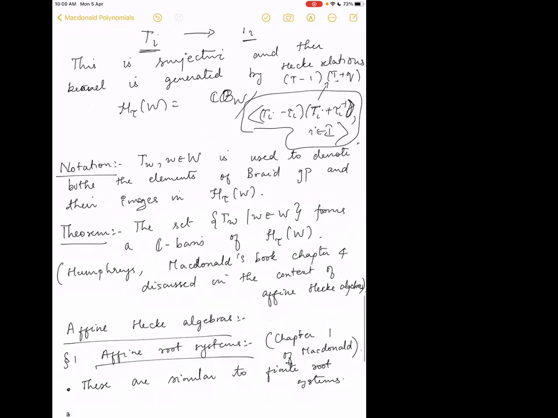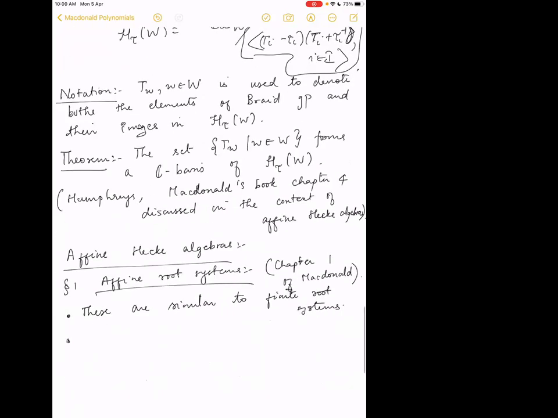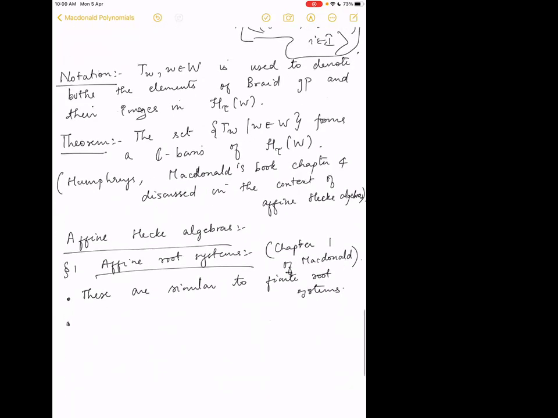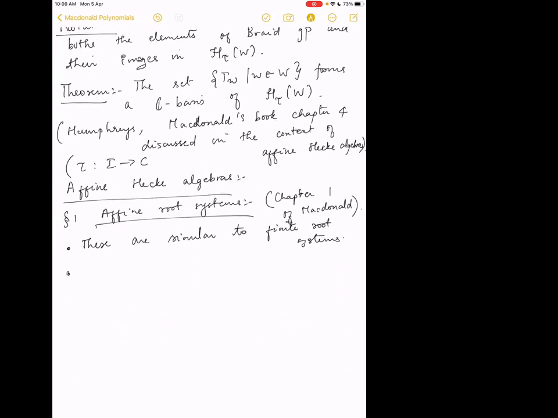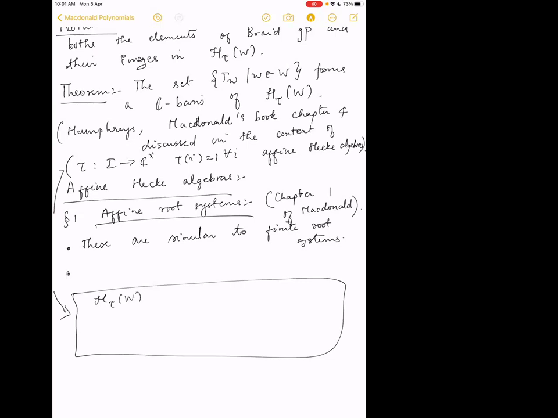So maybe I should have said this. I have it in my notes. I thought I'll skip it because I'm pressed for time. Okay, so if I take tau from I to C cross to be tau of i equals 1 for all i, then H_tau of W is this: the braid group algebra CB of W modulo (T_i minus 1)(T_i plus 1).